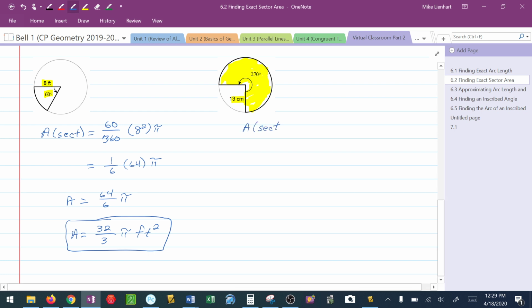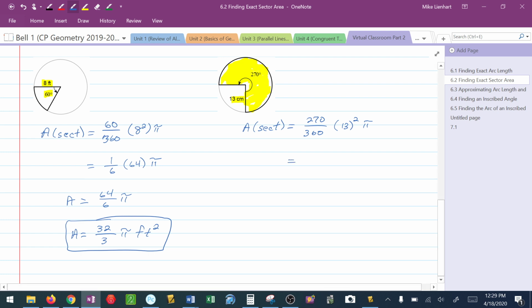So the area of that sector is going to be 270 out of 360 times 13 squared times pi. So 270 out of 360 breaks down to 27 over 36, which would simplify to 3/4.